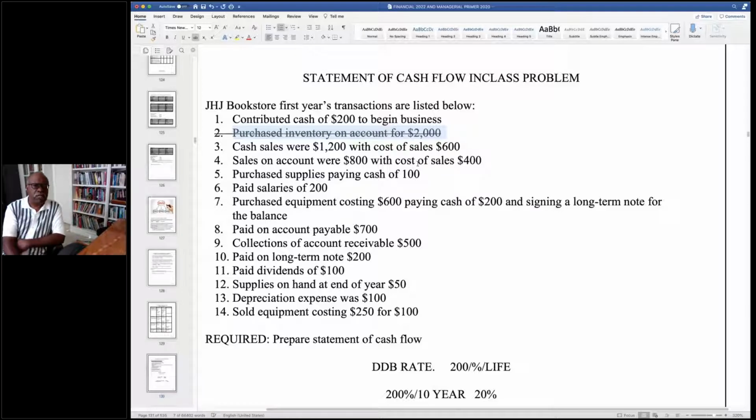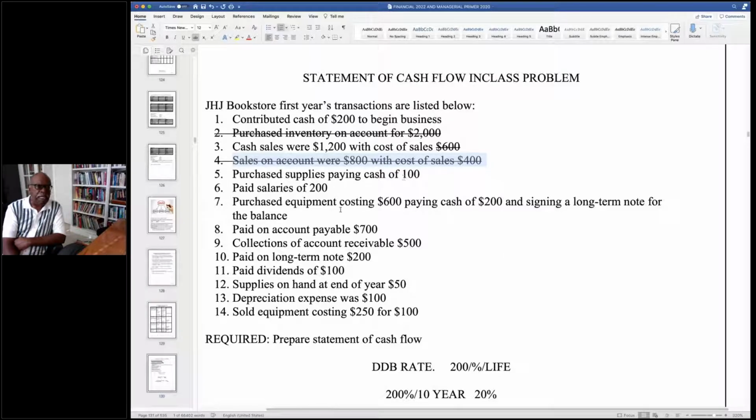We're not going to use it. Cash sales were $1,200, cost of sales $600. We strike this because that's not cash. Sales on account, we're going to strike this because this is not journal entry 1 through 11. And we continue to do that.